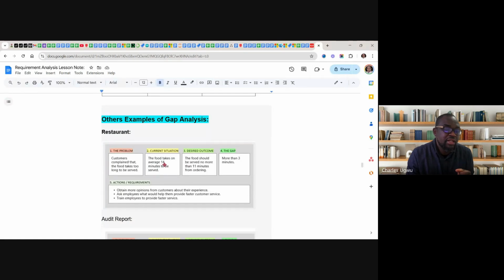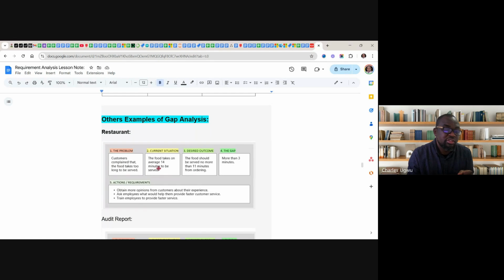Then if you find out that it's 14 minutes, you then try to understand the desired waiting period, which can be that the food should be served not more than 11 minutes from the ordering. Even if they have to do some prepping, it should not exceed 11 minutes.